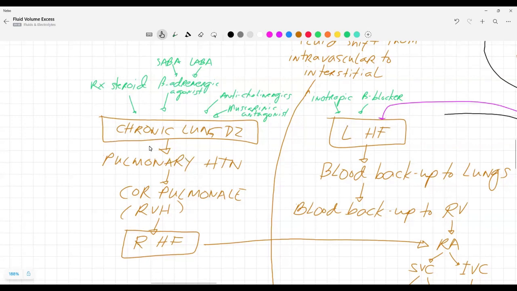It's just to treat that chronic lung disease. So common treatment would be a steroid, beta adrenergic agonist, such as a short-acting beta agonist, which is a rescue medication, or a long-acting beta agonist, anticholinergics or muscarinic antagonists. So those are for lung disease.